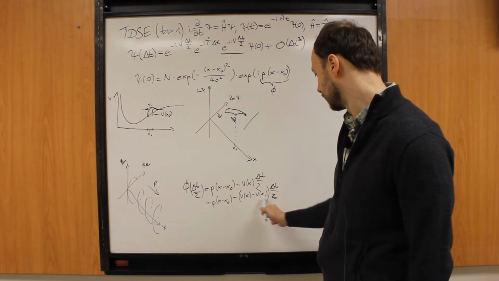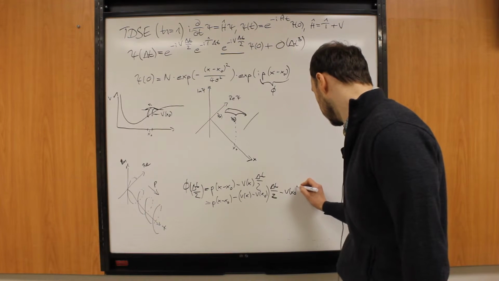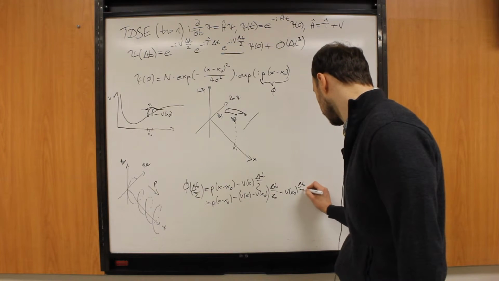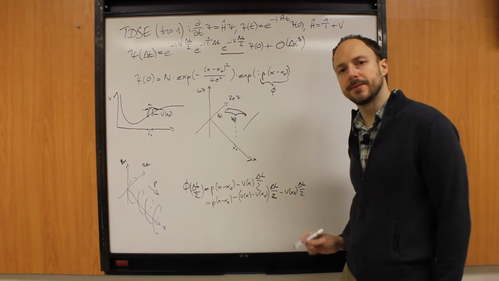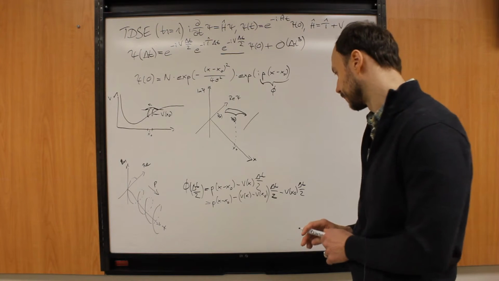This is a plus v of x naught, so we have to subtract v of x naught delta t over 2. And this is just a constant phase, which does not change the quantum state, so we can safely ignore that.